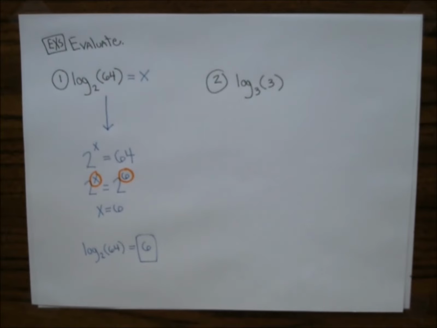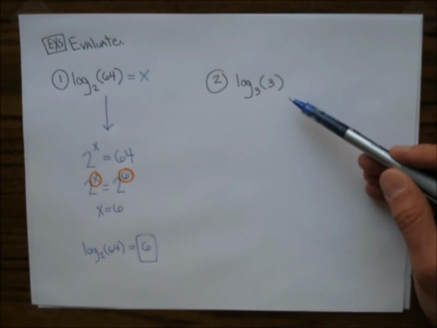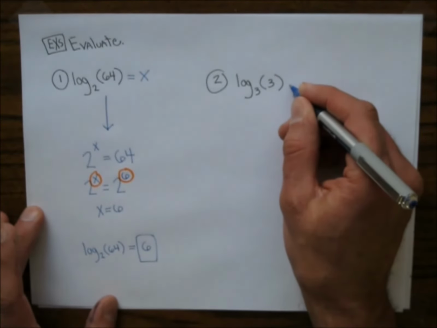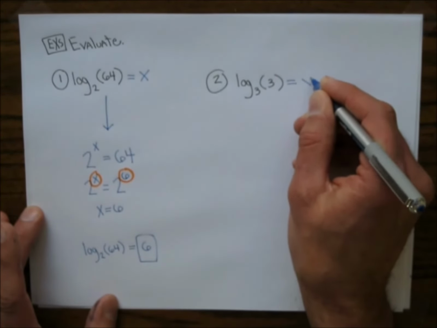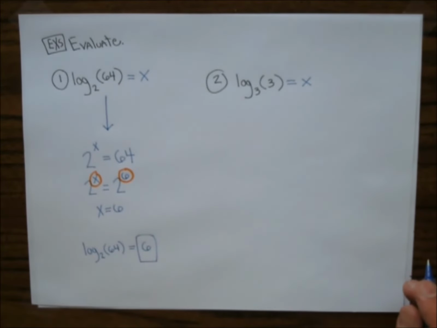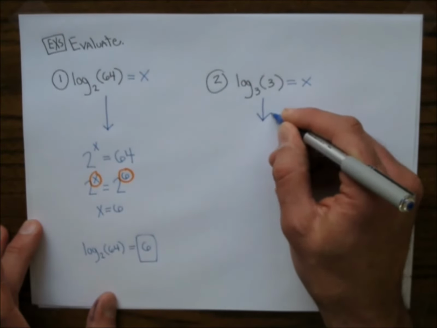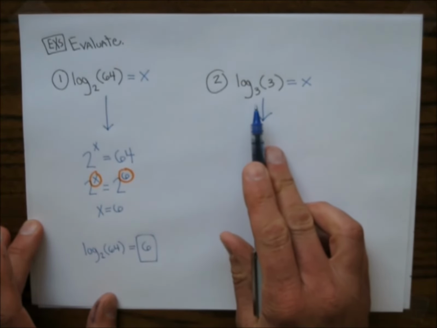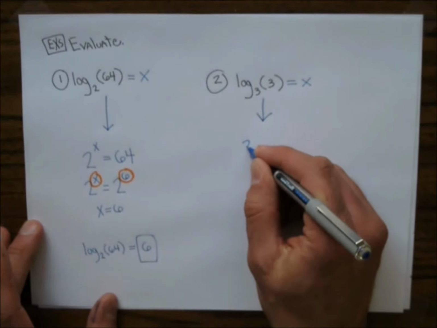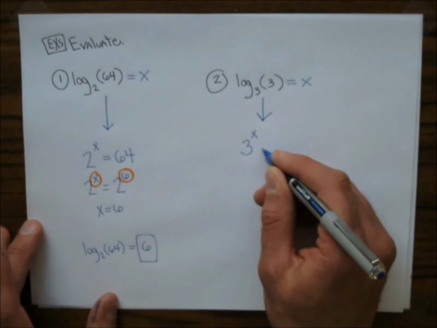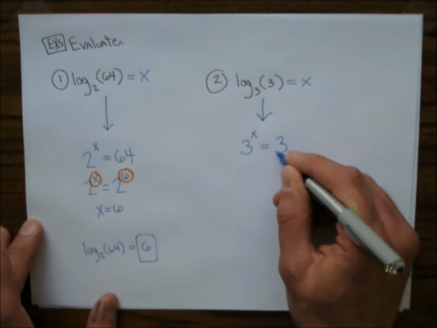Let's go ahead and try this next one. So maybe you can pause the video and try it. Pause the video and then unpause it. We set this equal to x. Okay, now I'm going to change this from Superman to Clark Kent. I'm going to write this as the base and the exponent. So I'm using that definition of logarithms. This equals the argument.